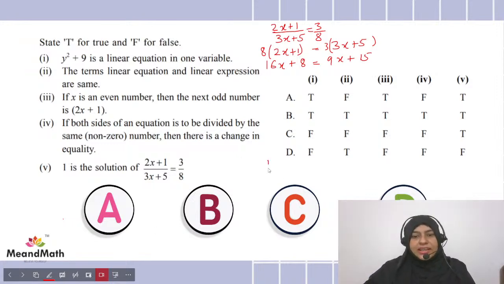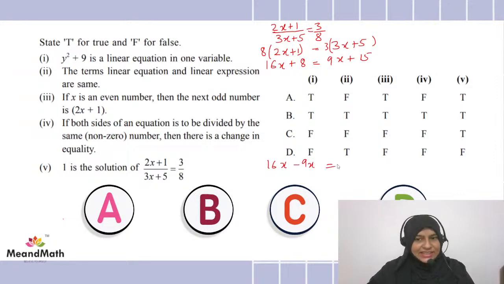Now it is 16x minus 9x when we take 9x to the other side, and it will be 15 minus 8. Correct? 16 minus 9 will be equal to 7x, so it is 7x. 15 minus 8 is also 7.